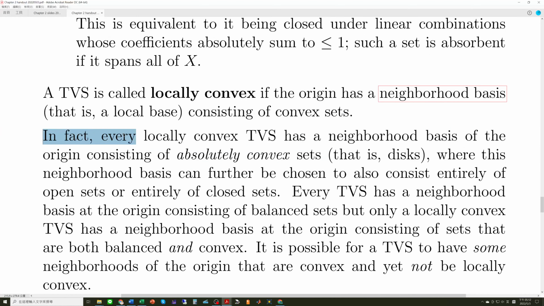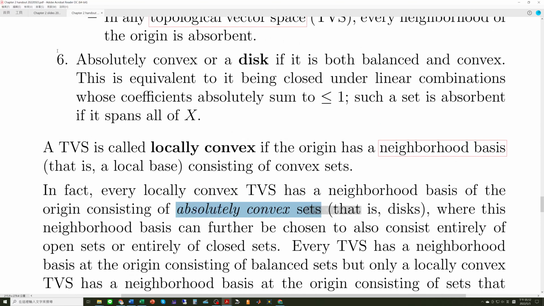In fact, every locally convex TVS has a neighborhood basis of the origin consisting of absolutely convex sets. We have introduced it earlier, about several minutes ago.